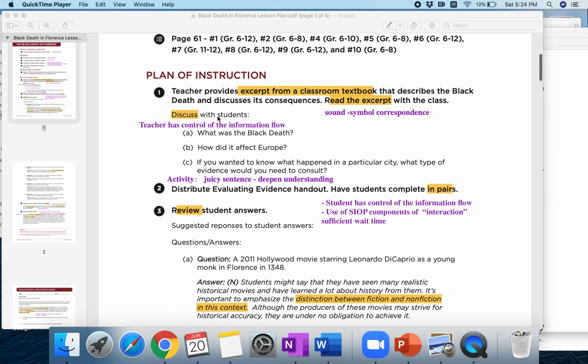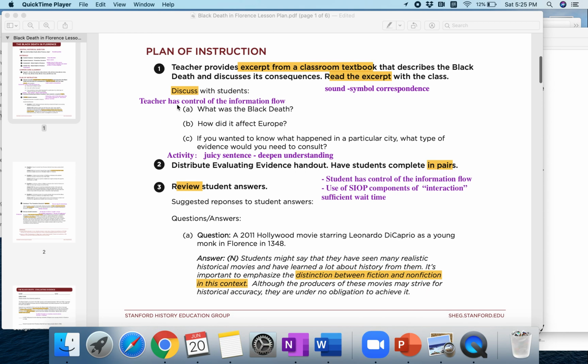The first step is the teacher provides an excerpt from a classroom textbook and explains it. I highlighted the excerpt here because classroom textbooks are usually very dense, and I like the idea that the teacher is pulling out a part of it to talk about it in the class. The teacher will be reading the excerpt with the class, so this is a practice of sound symbol correspondence that helps students to comprehend the content.